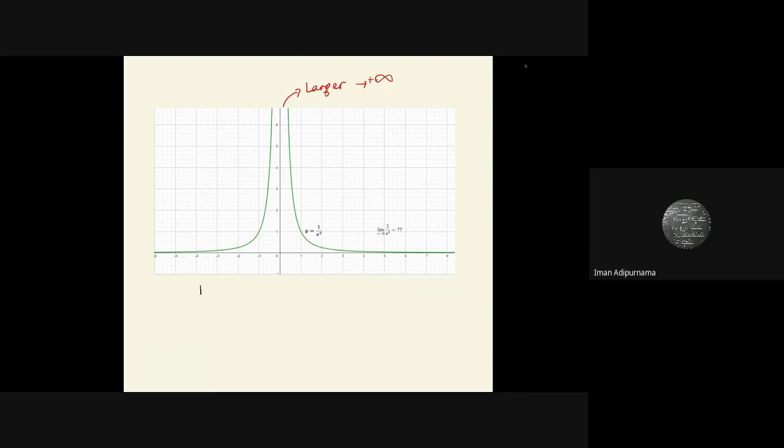So if we are dealing with the limit as x approaches 0 of this function, we can say that the limit is getting larger and larger.